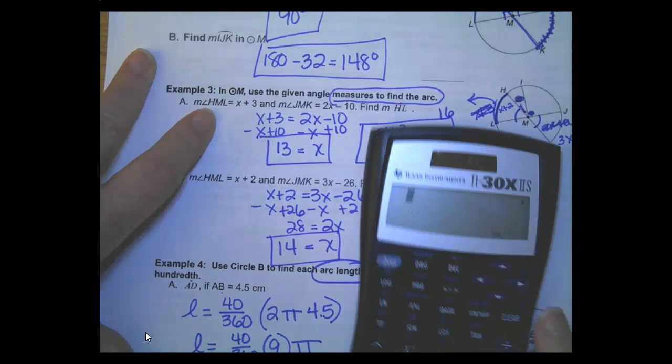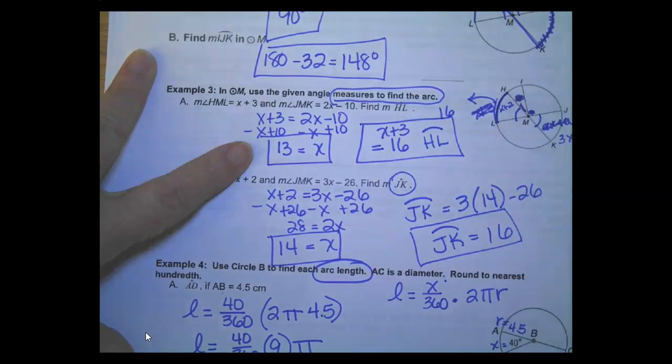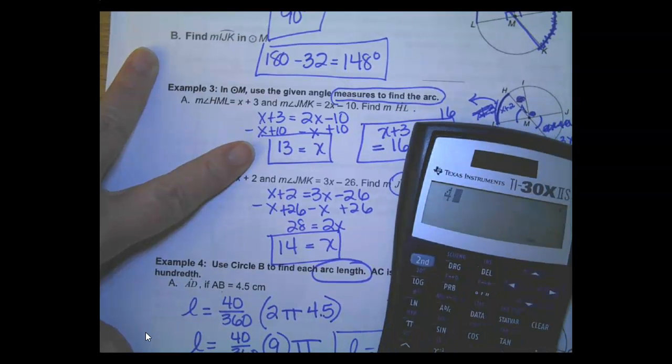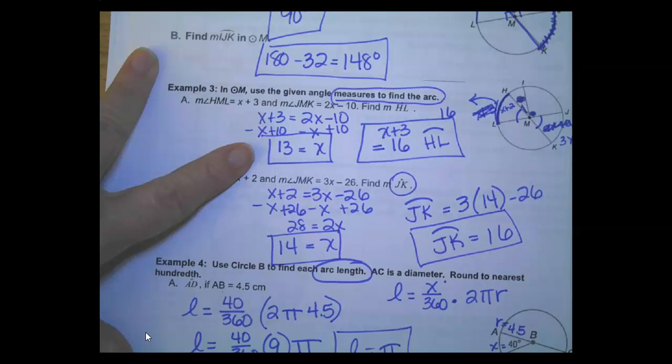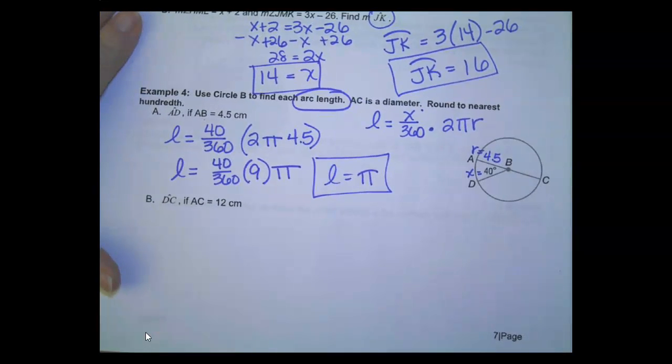So let's do it. 40 divided by 360 times 9 is 1. So L is equal to pi. Just want to double check. Times 9. There it is.